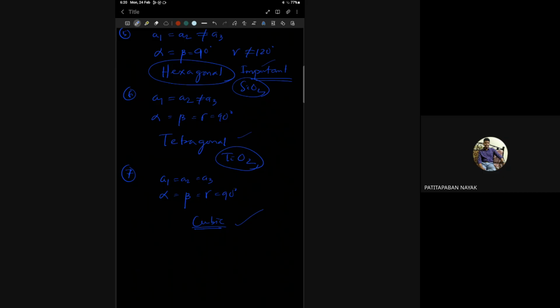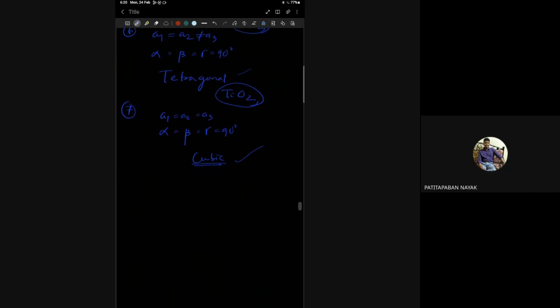Then there are various types. One is primitive. Second one is base center. Then third one is body center.